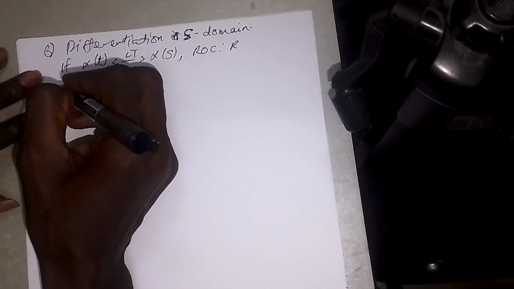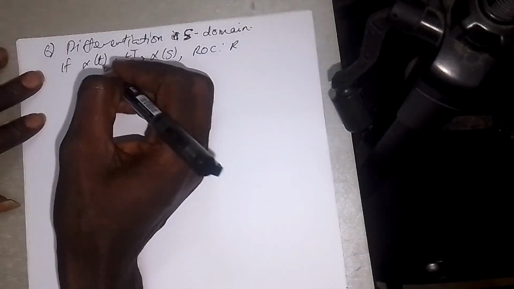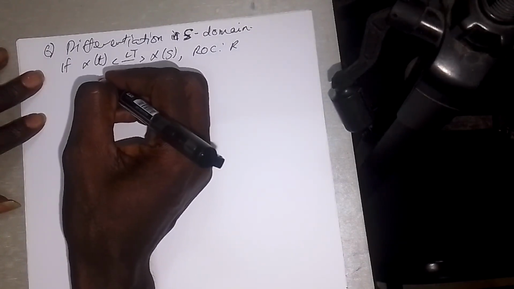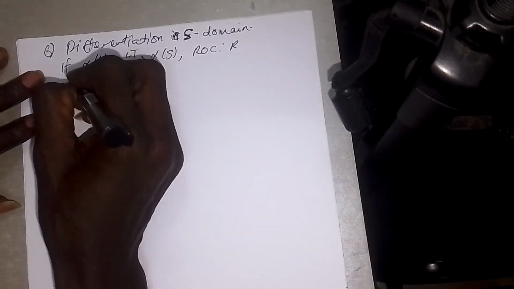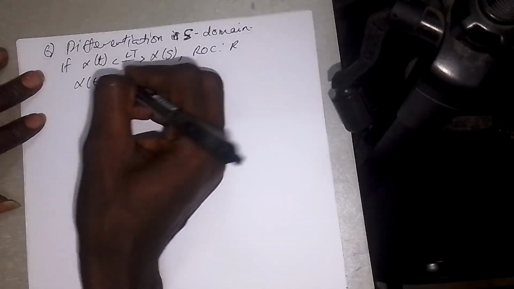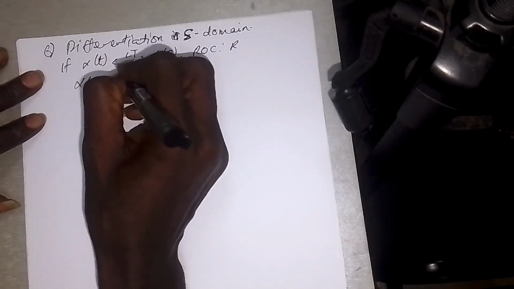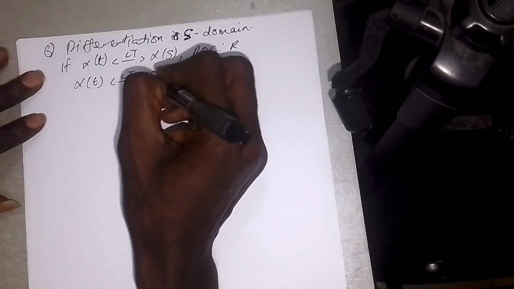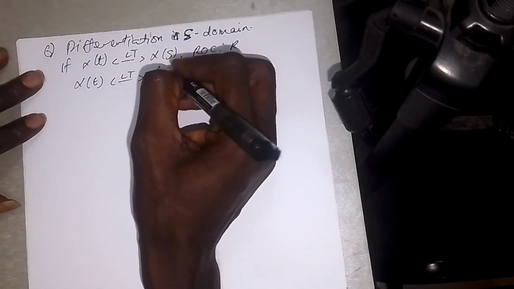And then we have another transform: t times x of t has a transform of minus d on ds x of s.